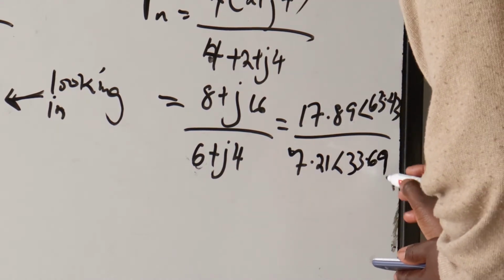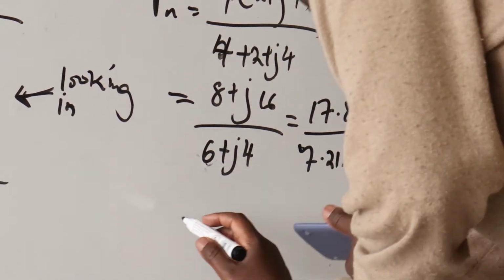So we divide the magnitudes and we subtract the angles.